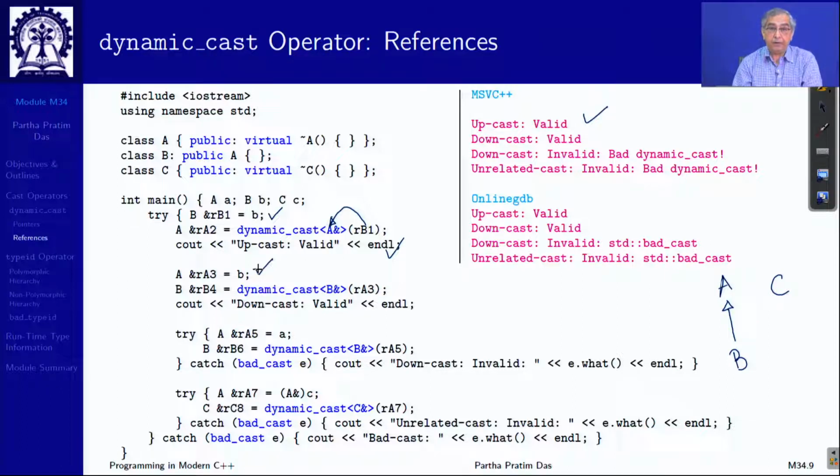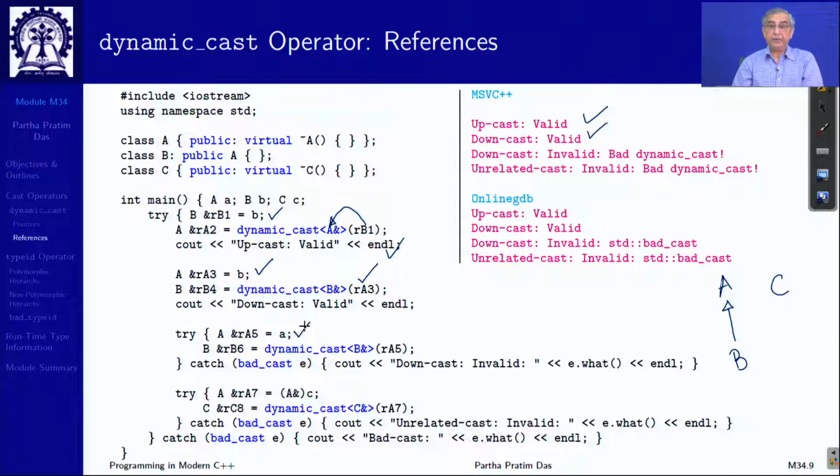I take a B object and create an A type reference to it, which is implicit upcast. And then from that A type reference, I want to go back to the B type reference, that is downcast. In this case, the object was valid, so this also is valid.